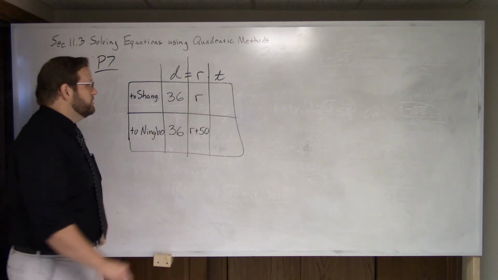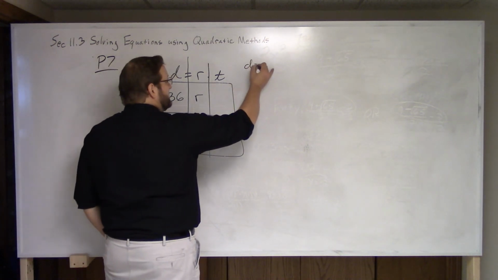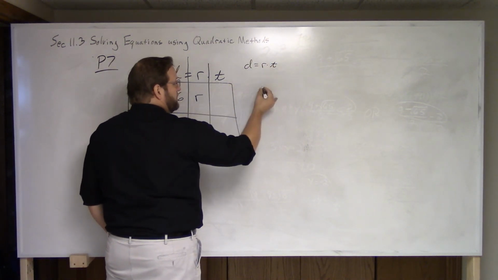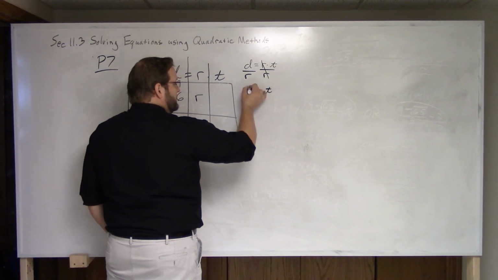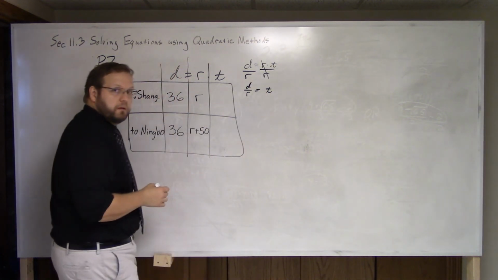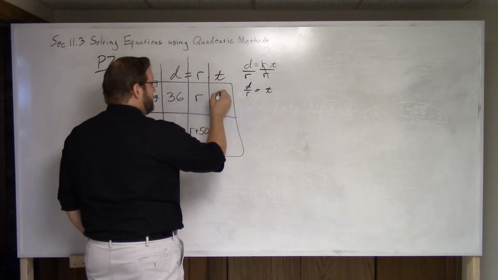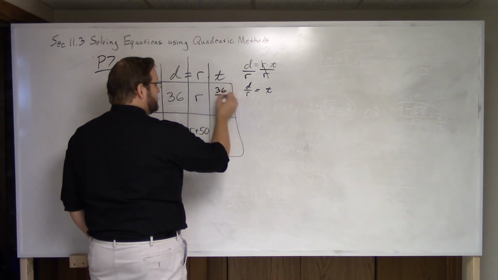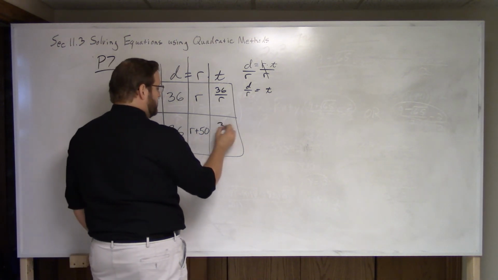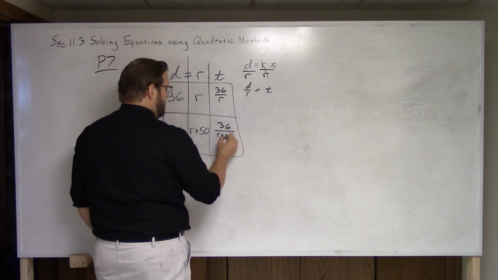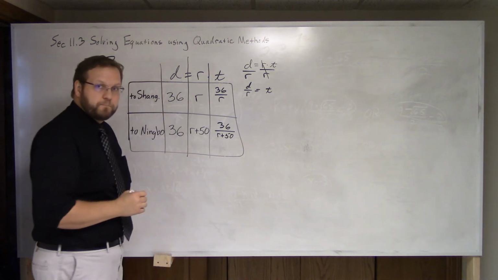So what I'm going to do is say that while distance equals rate times time, time is distance over rate. Okay, so this time can be described as 36 over r, and this time can be described as 36 over r plus 50.